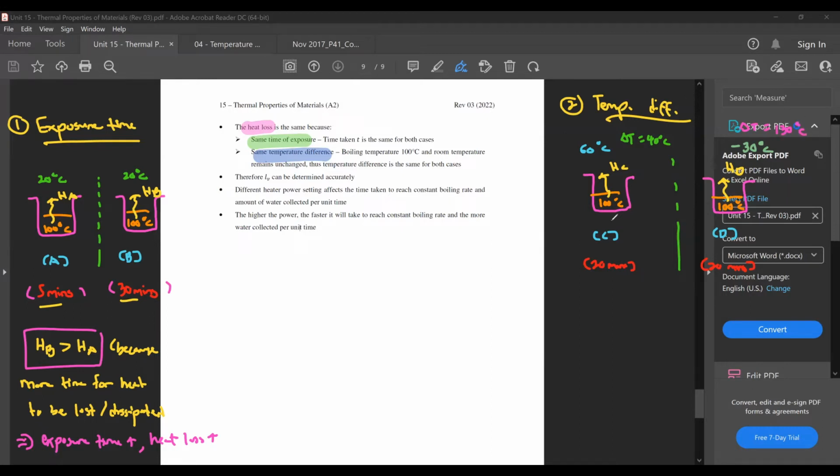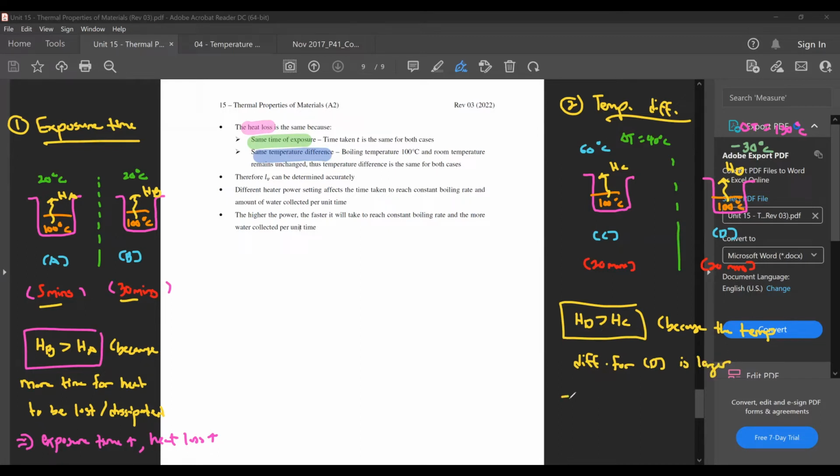So now if I ask you which one will actually experience a larger amount of heat loss, it will actually be beaker D. Heat loss of beaker D would be more than heat loss of beaker C, because the temperature difference for D is larger.